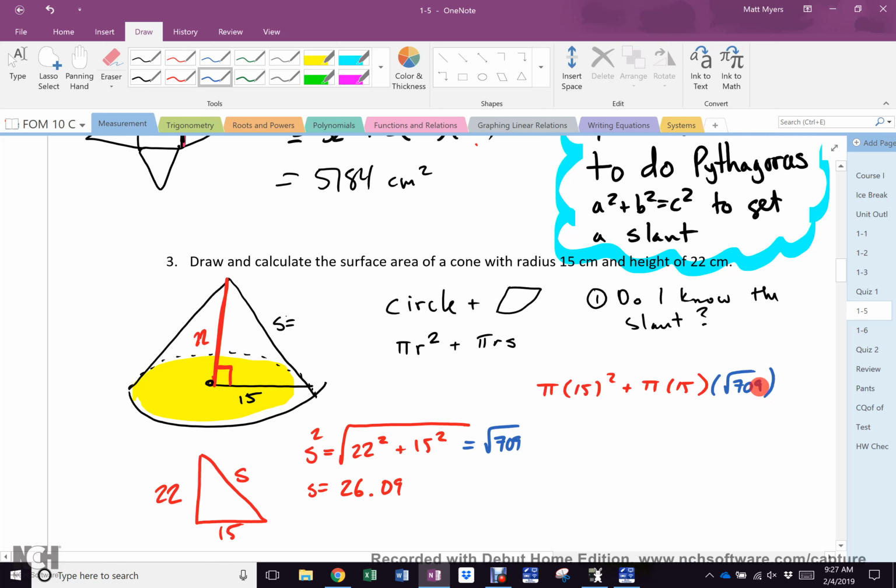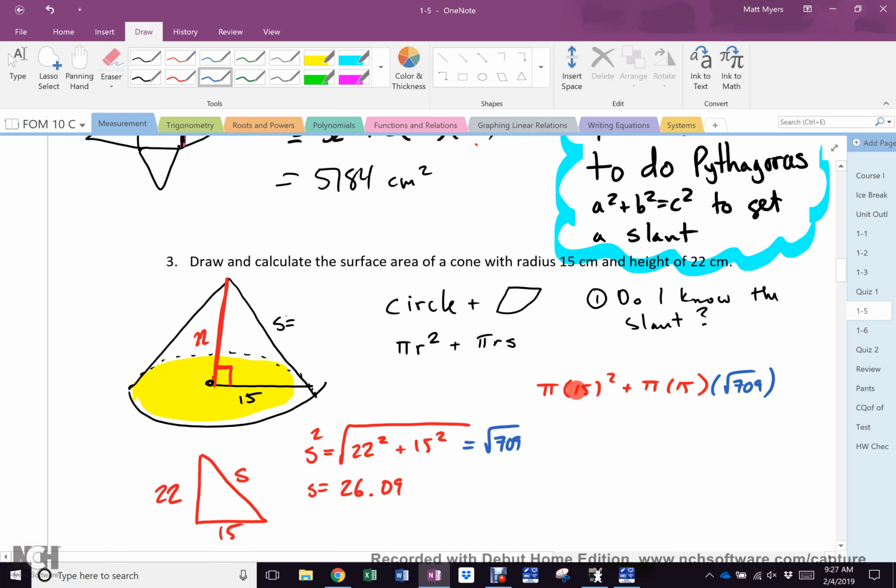After you get the 709, what would you do? You would square root it up till this year. From now on, I don't want you to, unless it's perfect. So if you square root it and you don't get a decimal, then you can put that number there. Now, what is 15 squared? You can do it on your calculator. It's 15 times 15.